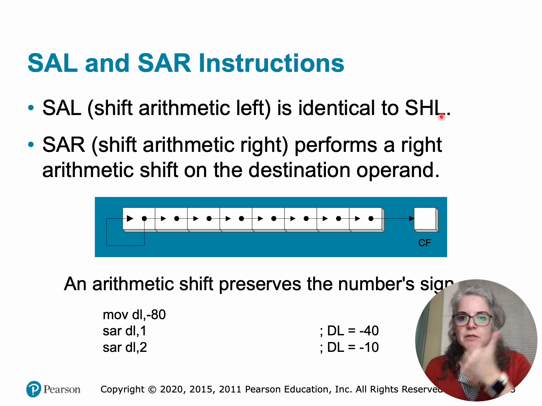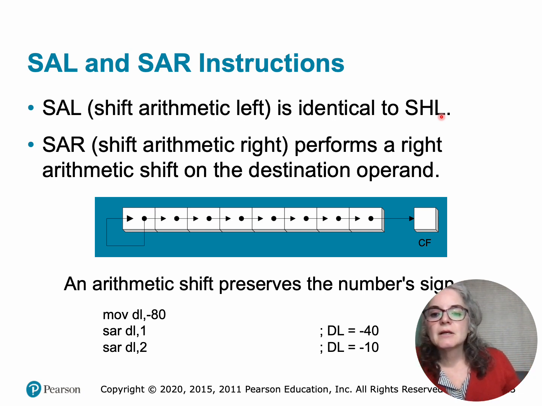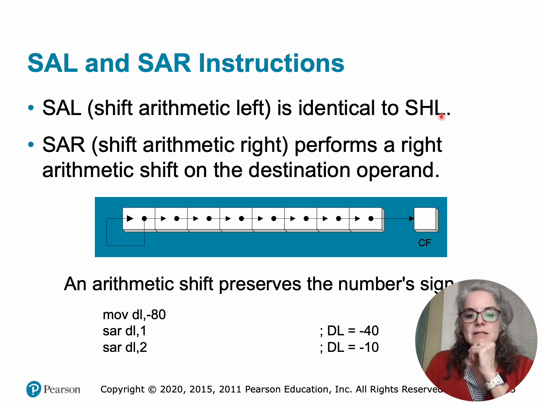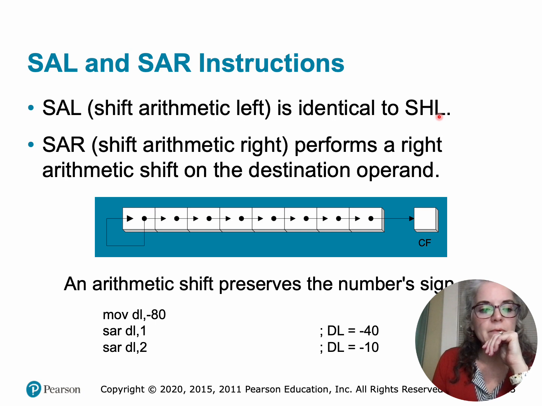Remember, you shift to the left, so the lowest bit is going to be filled with 0, and the most significant bit is going to be the control flag if you shift 1 to the left.